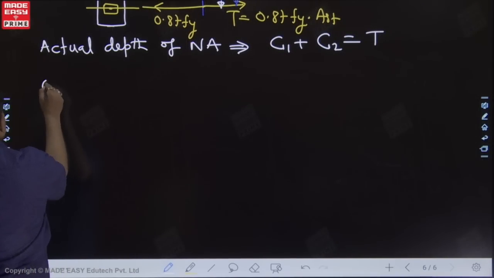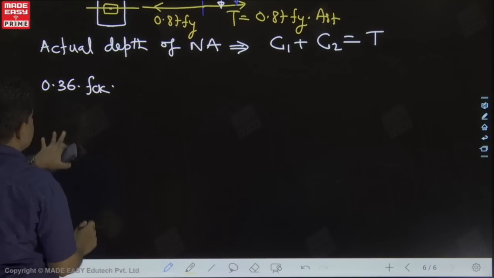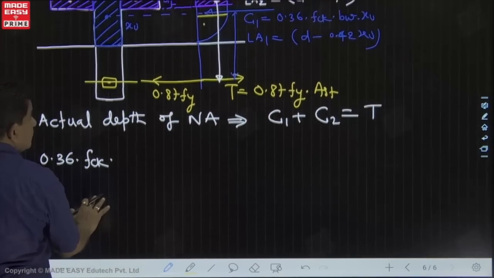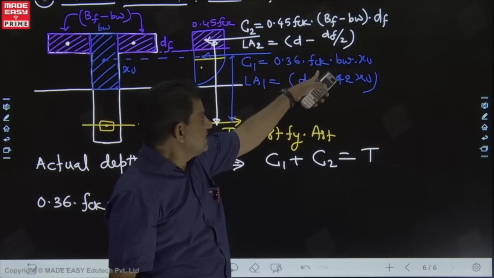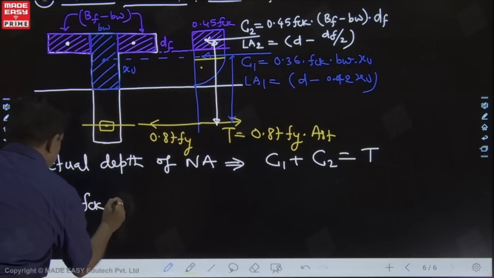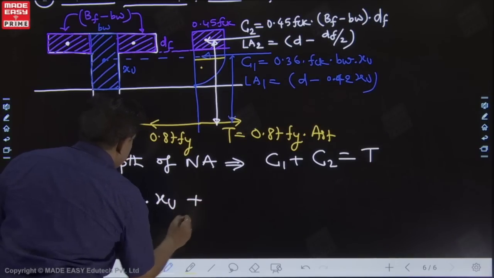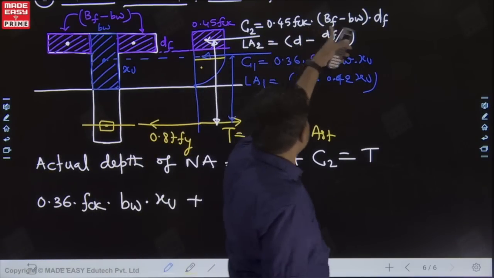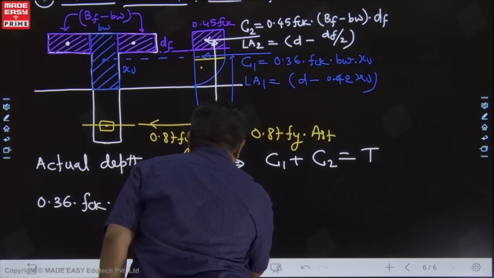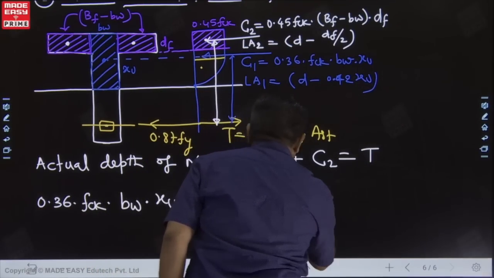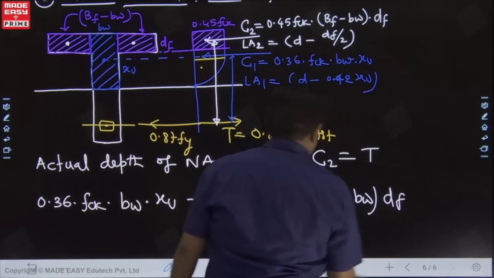C1 is 0.36 into fck into, see the formula also at top, and let's write values accordingly. See here, 0.36 fck into bw into what? You have to write bw into xu plus, what is second? 0.45 fck into bf minus bw into Df, yes.